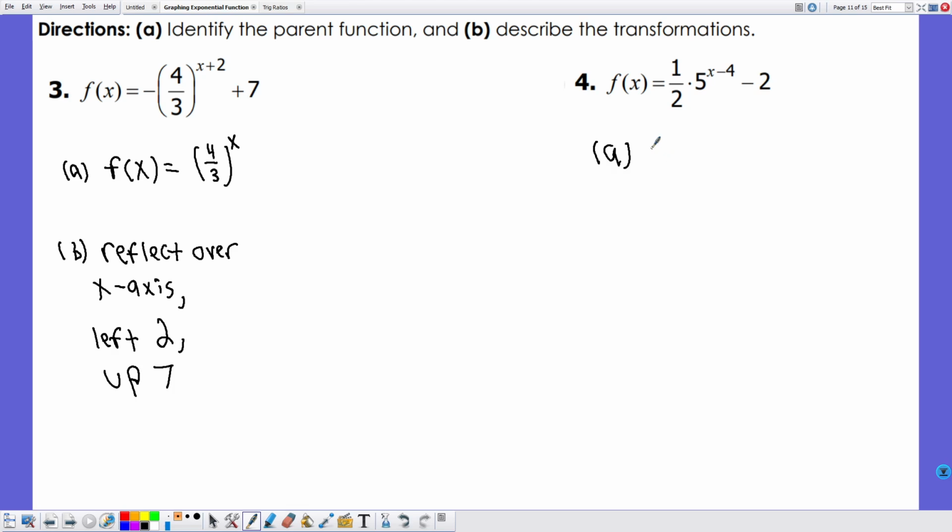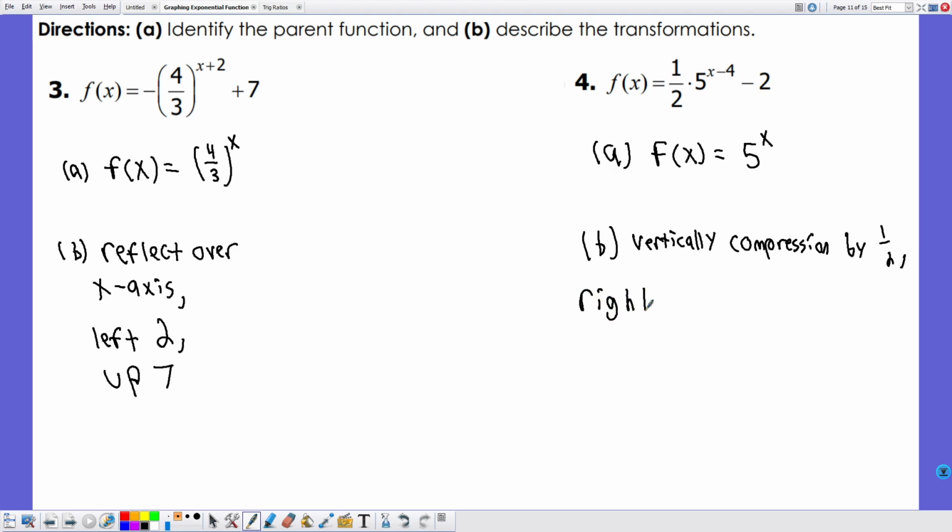So in part 4, our parent function f of x is 5 to the x power. And the transformations: we will be vertically compressing by a factor of 1/2, going to the right 4, and then down 2.